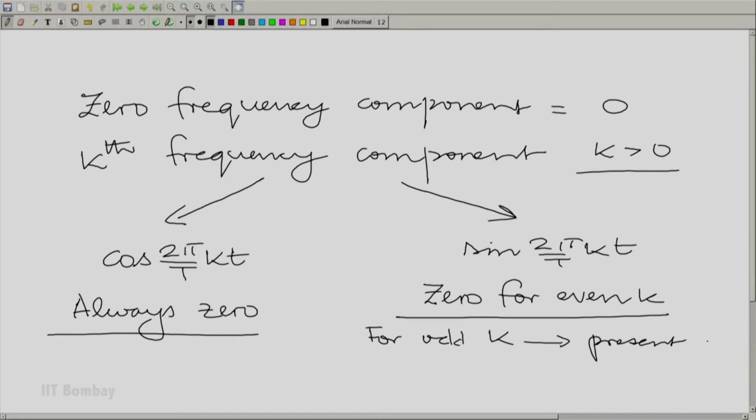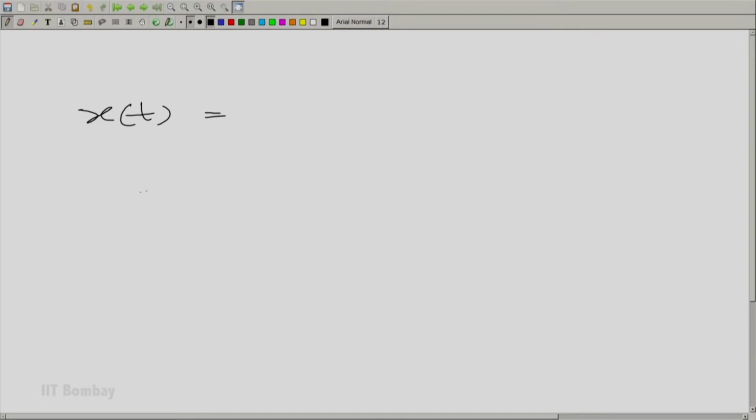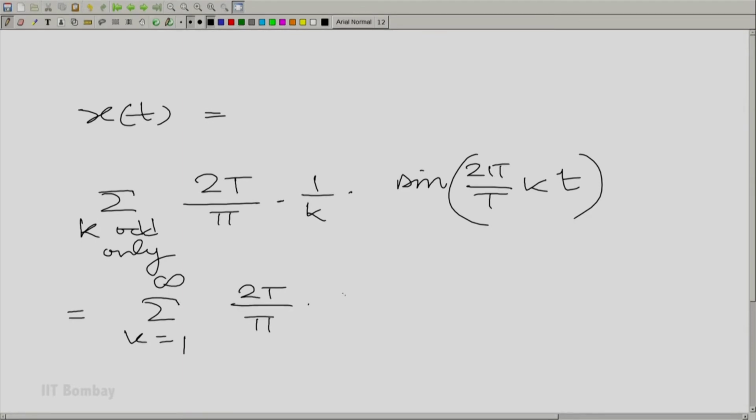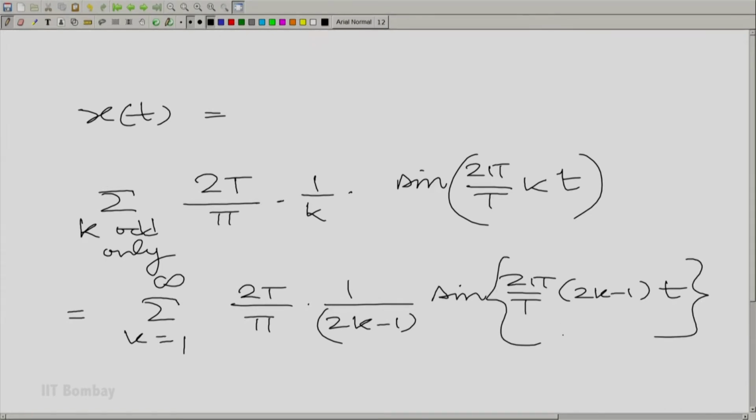And therefore, we wrote down the overall expression: x(t) is only a sum of odd components, which are essentially 2T by pi into 1 by k sine (2 pi by T) k t, summed over k odd, and that of course we could write down as summation k going from 1 to infinity of 2T by pi into 1 divided by (2k minus 1) sine (2 pi by T) (2k minus 1) t.